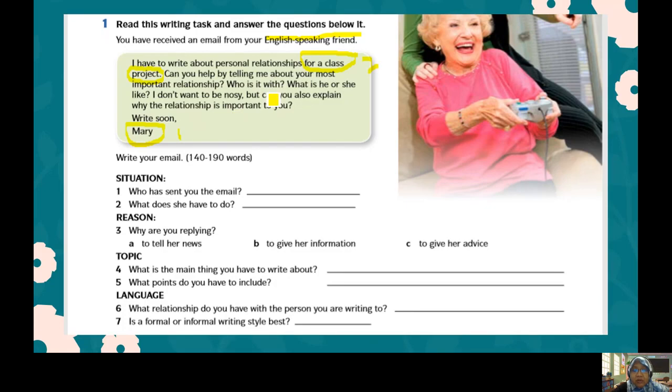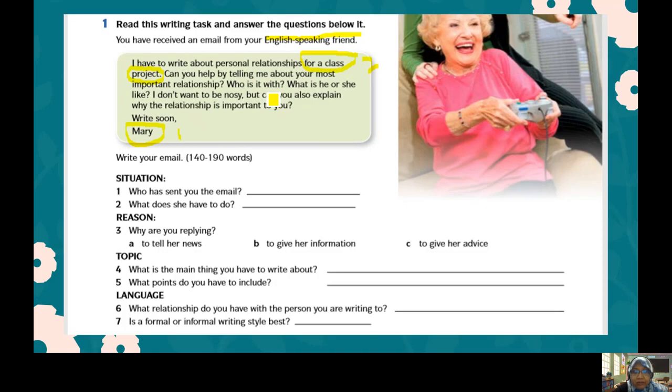Okay, next one. Why are you replying to her? Kenapa mesti awak membalas email tersebut to Mary? Do you think you need to tell her news? Adakah awak perlu beri dia berita? Or B, to give her information, beri dia informasi yang diminta, or to give her advice, beri dia nasihat.